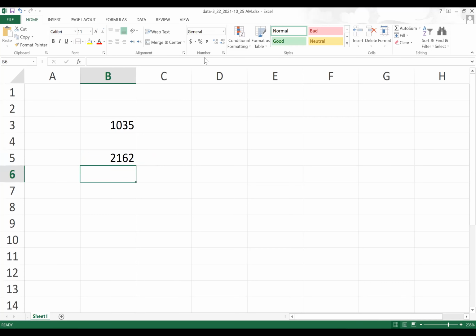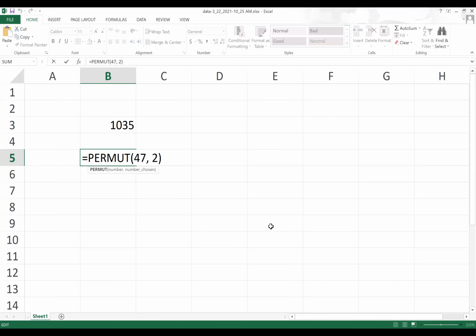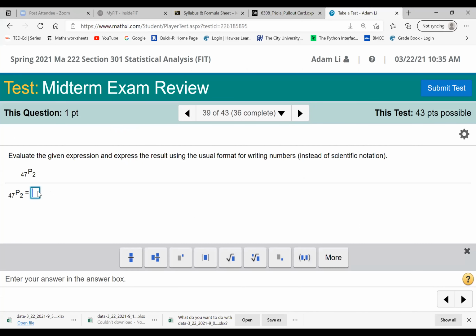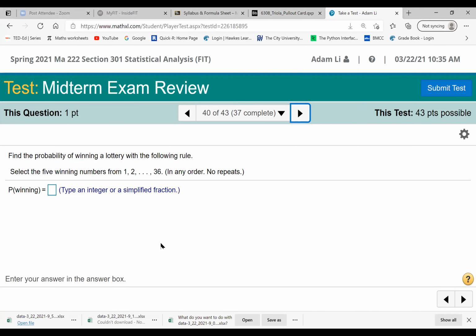So that turned out to be 2162, in terms of permutation. Okay, so this is question 39.